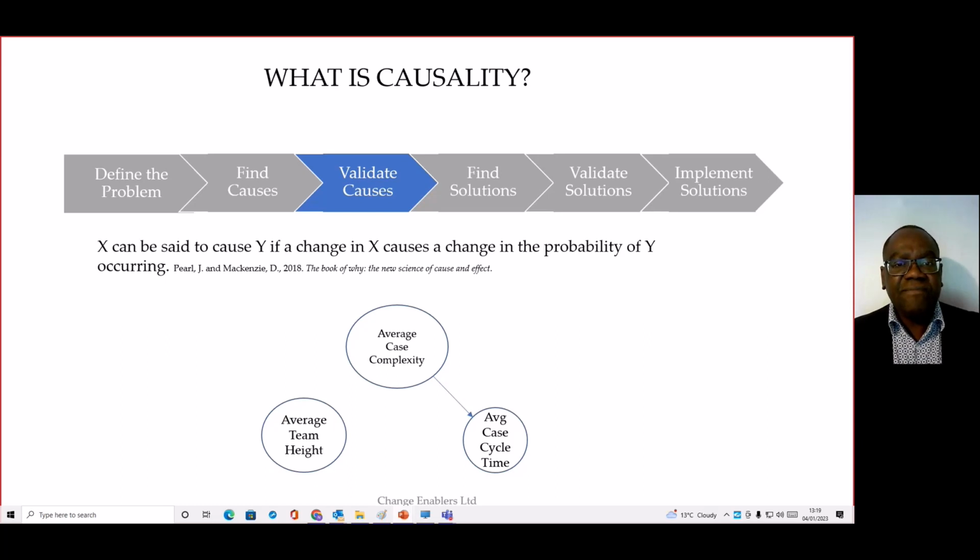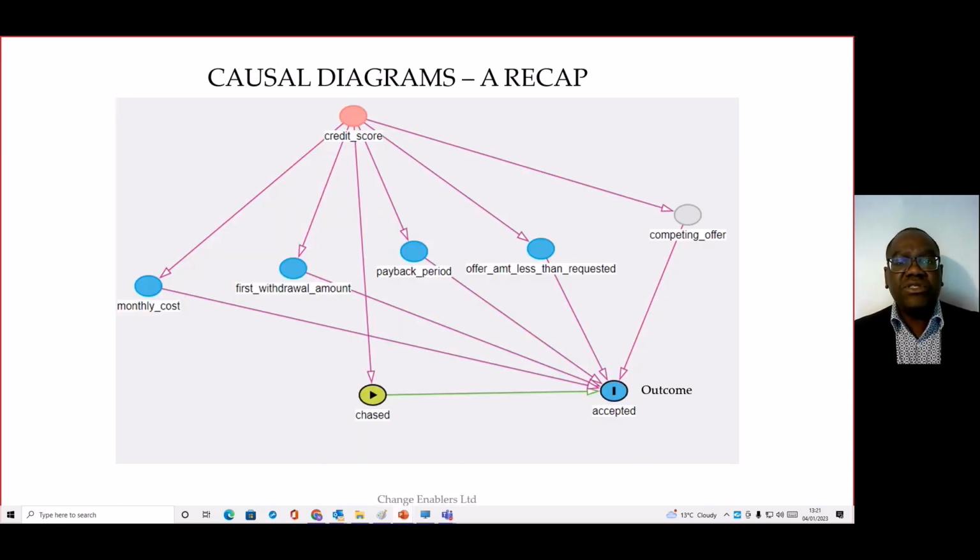So if you watched the last video post, we specified a causal diagram which formed the basis of the estimation of the effect of a causal factor that we're interested in, that is, does chasing or repeatedly contacting customers increase or decrease the probability that they will accept a loan offer.